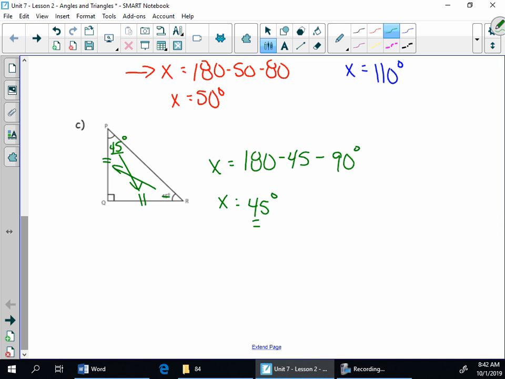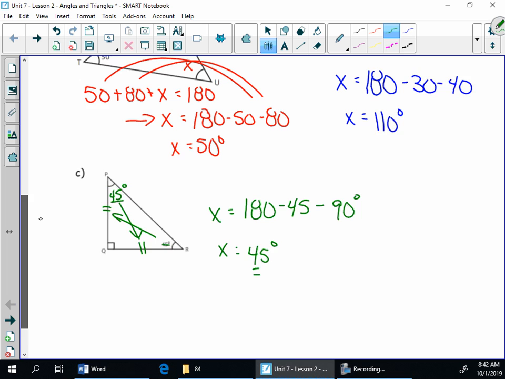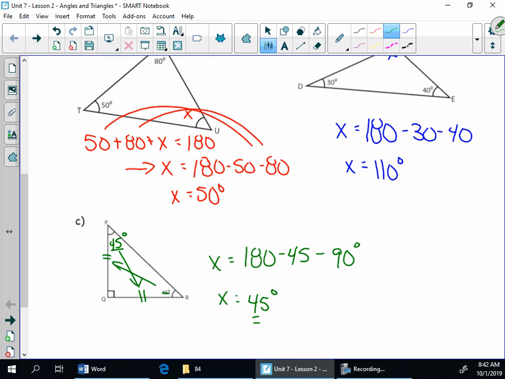We could put some dashes in there. It's an isosceles triangle. If you go back to part A, can you put the dashes into the diagram that are also the isosceles triangle? X was 50. So this is 50 and this is 50. Two the same. Across from it.